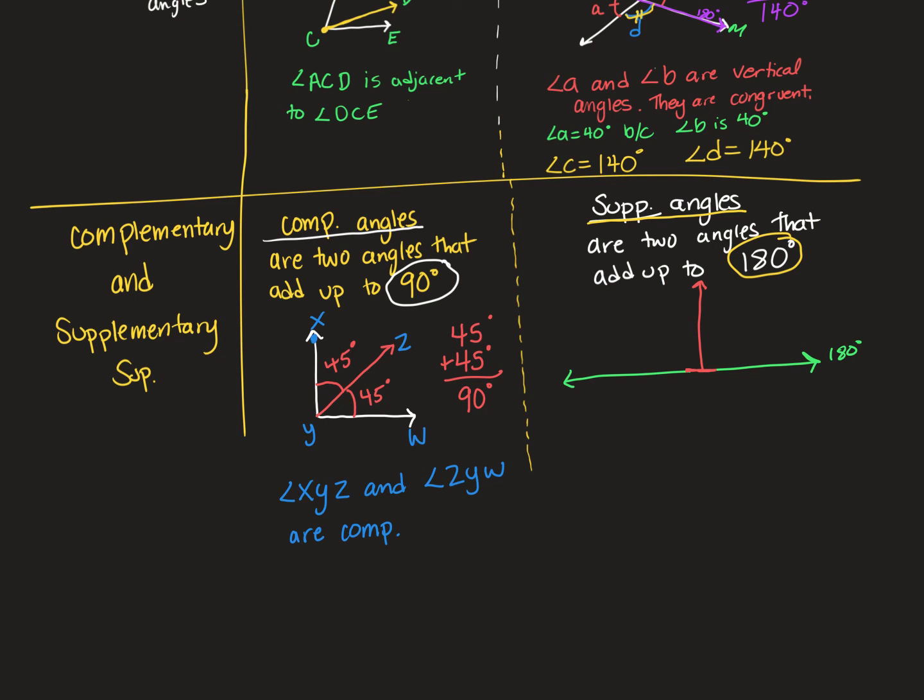You can have two angles that look like this, teeny tiny. There's two angles. But let's just make it easy for us. Let's have an angle that looks like this. Okay?